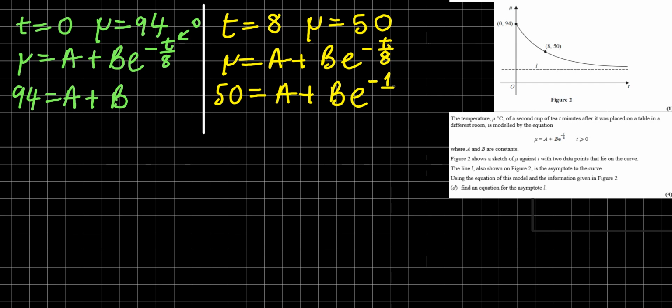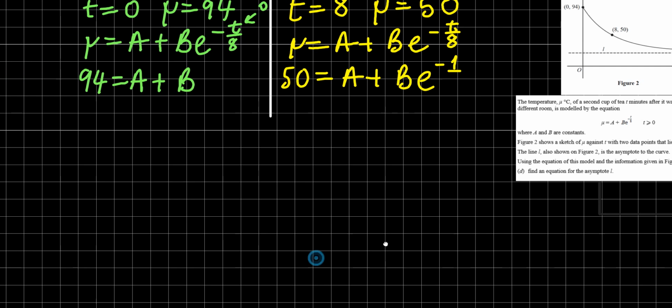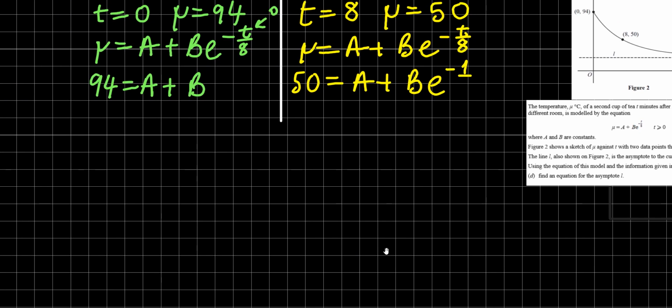So we have our two simultaneous equations. Now there are two ways of solving this. I'll show you both methods and then you just choose which method you prefer. I could rearrange, make A the subject, and then use that to substitute into the second equation.